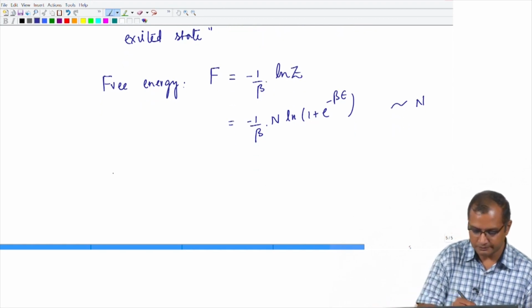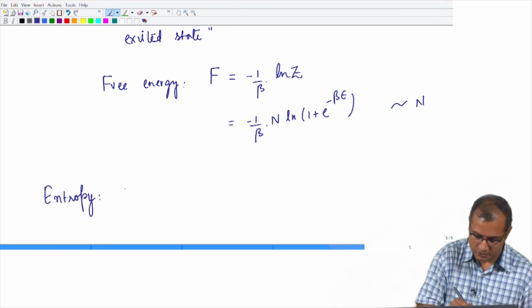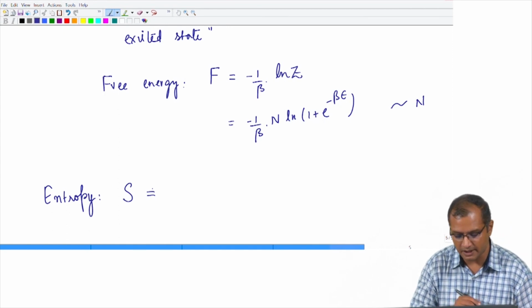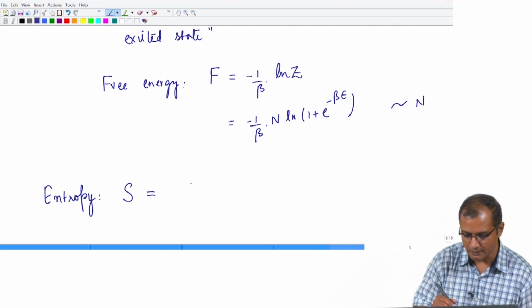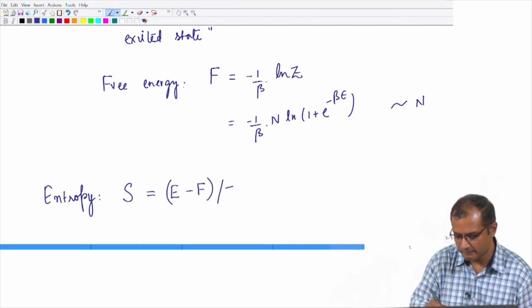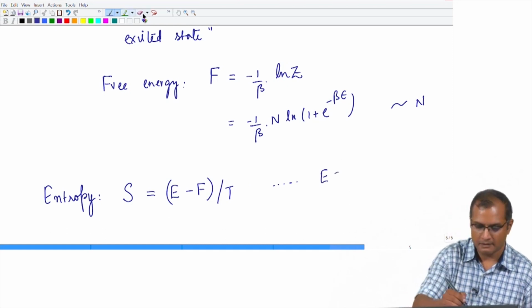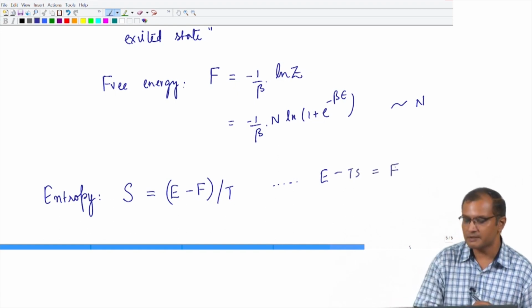I can also write down entropy, which from thermodynamics I can write down as E minus F over T, since you can write F as E minus TS, your Helmholtz free energy.